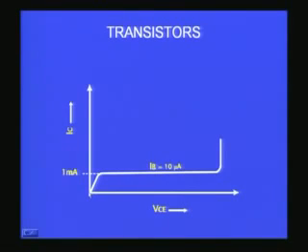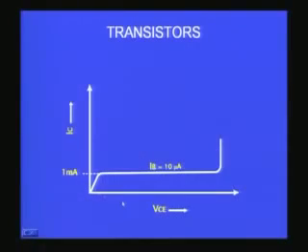What you do is you maintain a constant base current of about 10 microamperes by adjusting your emitter base voltage VBB. Now you increase the VCC, the voltage between the collector and emitter, by changing the VCC power supply, and you would find initially the collector current will slowly increase linearly, and beyond some point it will remain constant irrespective of the voltage that you increase on the collector side.